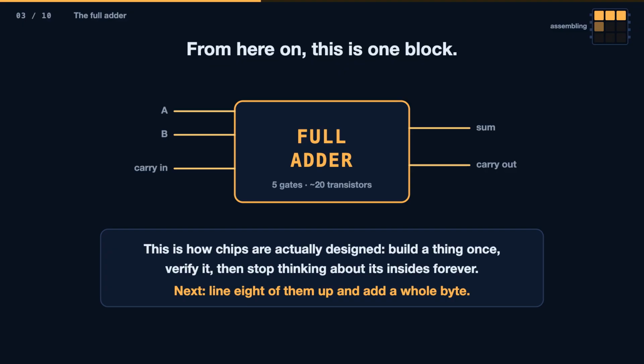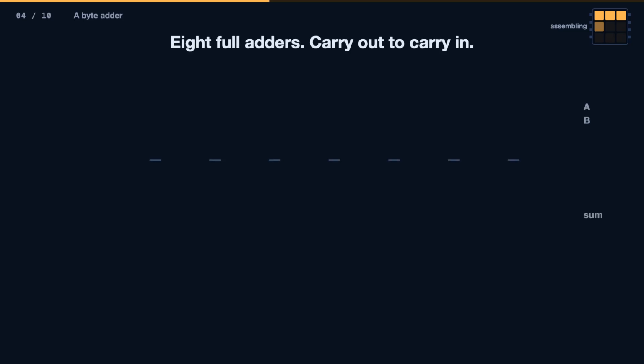So let us line 8 of these boxes up in a row and add a whole byte. 8 full adders, 1 for each bit. The carry out of each one feeds the carry in of the next.